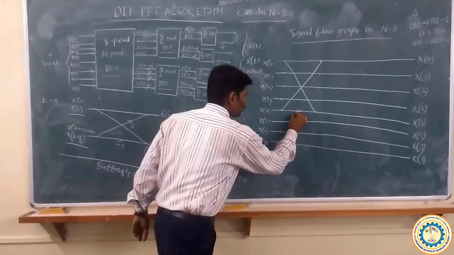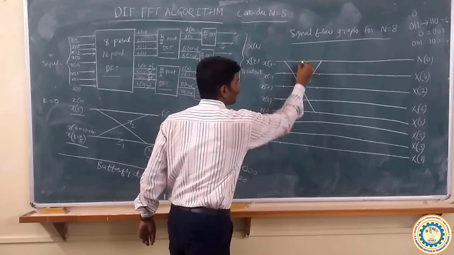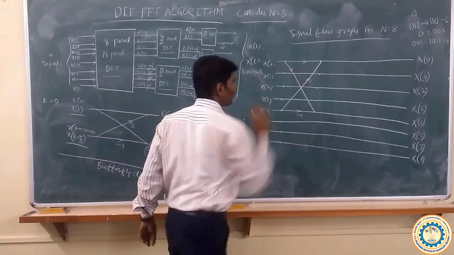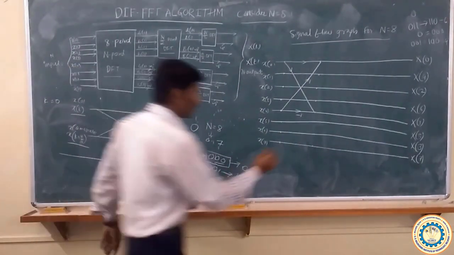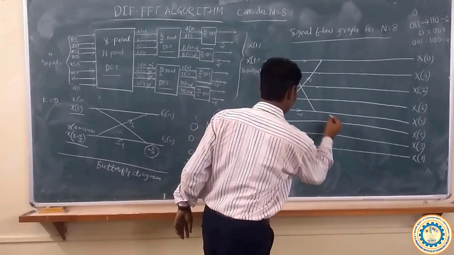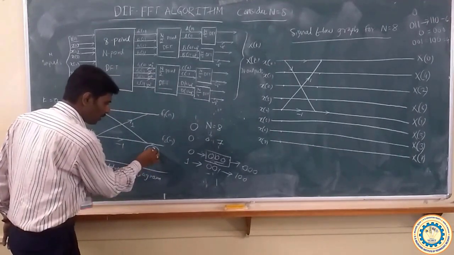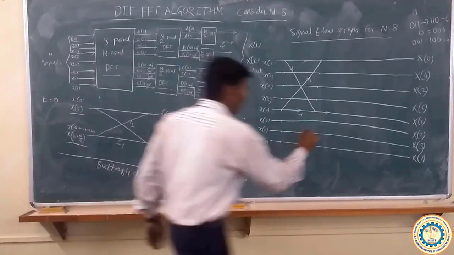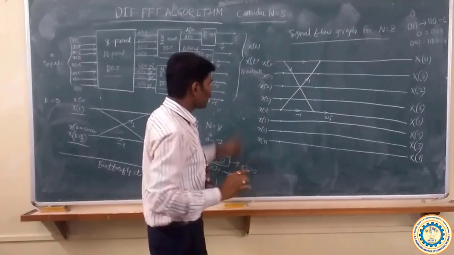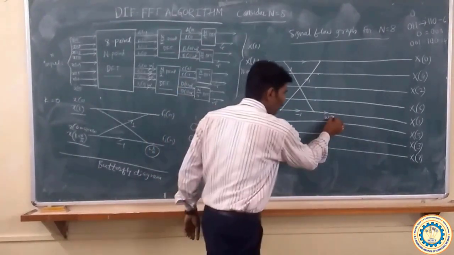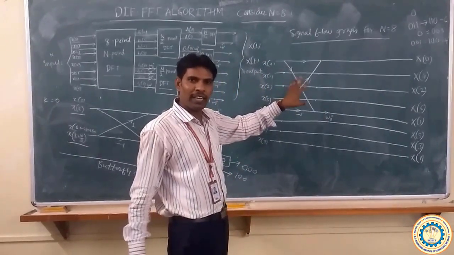Here I have to show -1 and this is +1. This arrow mark indicates the direction of flow of the signal. And here I have written the twiddle factor, that is Wn raised to k. N is 8, so it will be W8 raised to 0, because k equal to 0. So this is my first butterfly diagram.